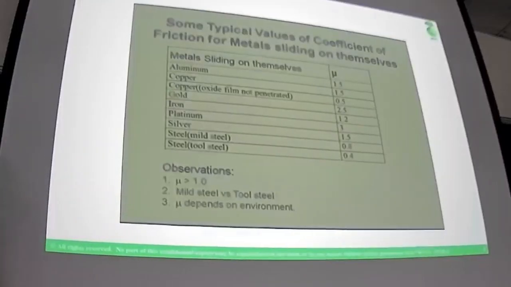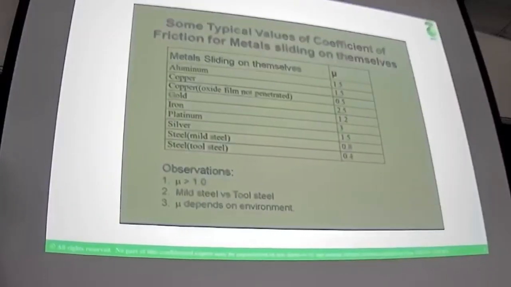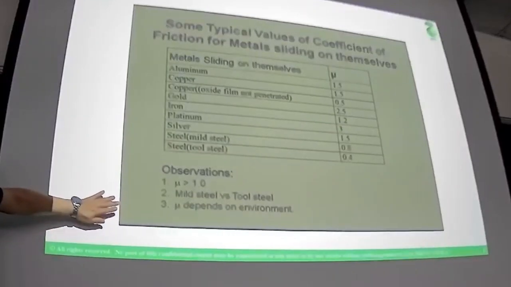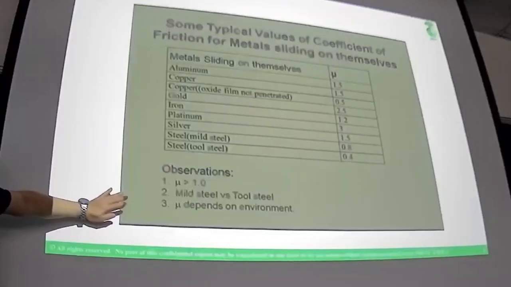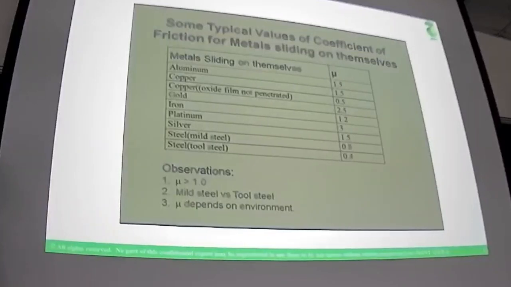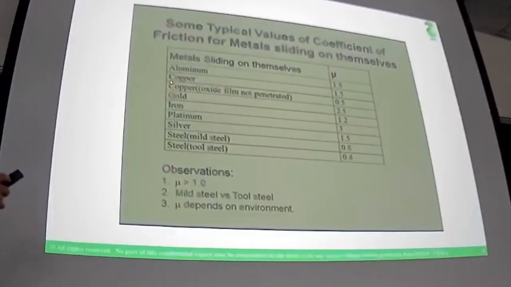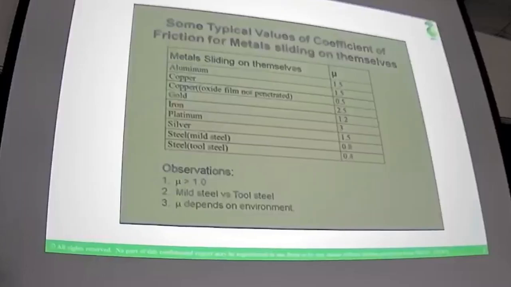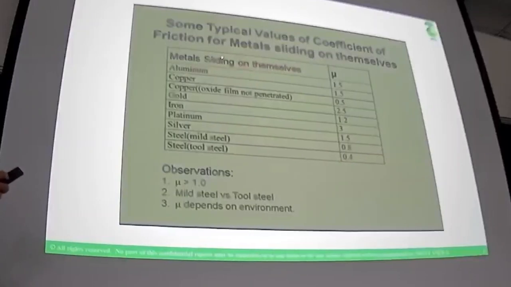We actually haven't been discussing this part. The coefficient of friction is related to humidity and temperature. If you do the experiment in summertime and in wintertime, you will see the difference. The measurements of the coefficient of friction in summertime and wintertime are different. So you always need to mention the system property. I mean, this is aluminum on aluminum, so metals sliding on themselves. Okay.